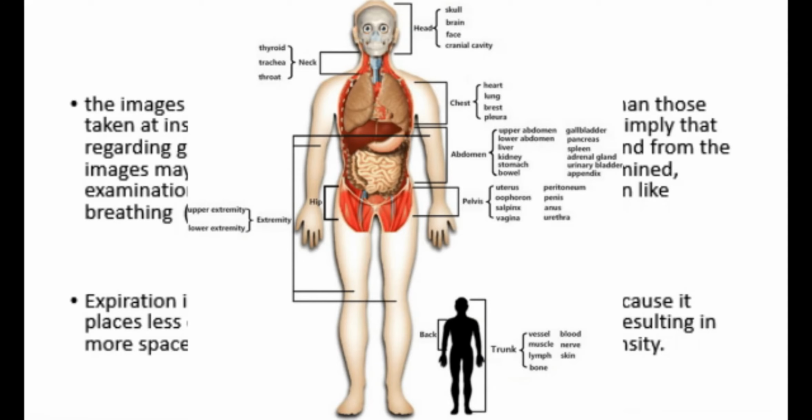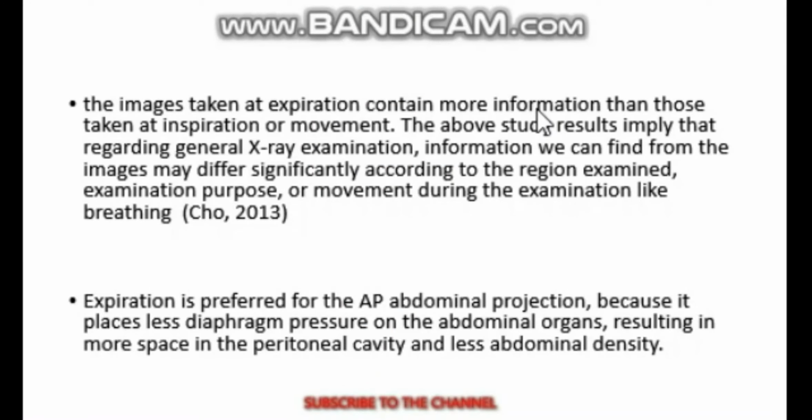We found out that the images taken at expiration contain more information than those taken on inspiration. So the above study implies that regarding general X-ray examination, information we can find from the images may differ significantly according to the region examined, examination purpose, or movements during the examination, like breathing.